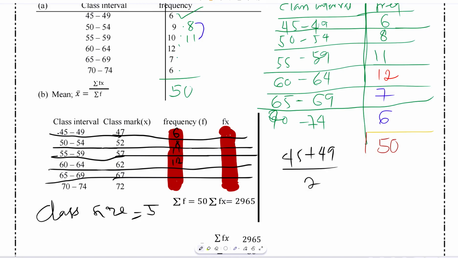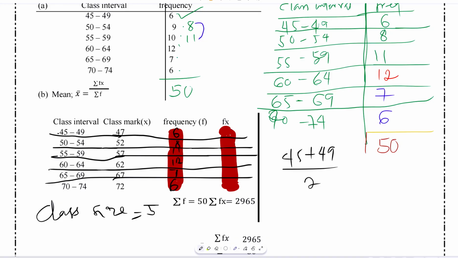Just know this is 7, and then the last one is 6.